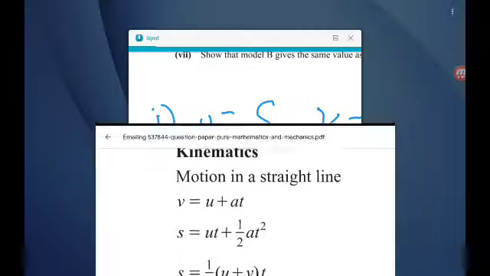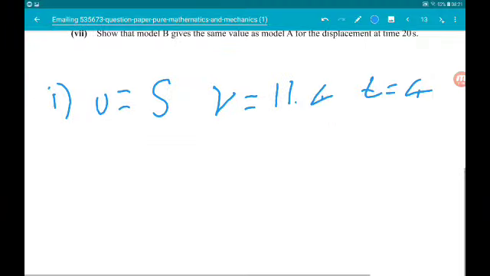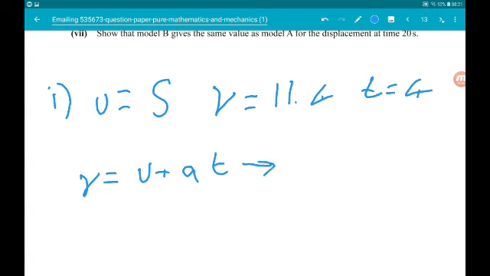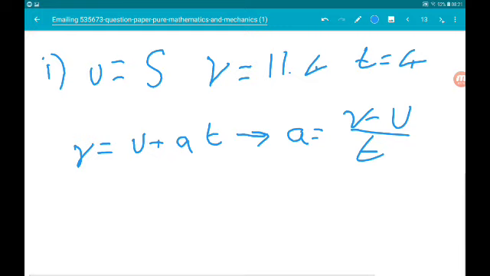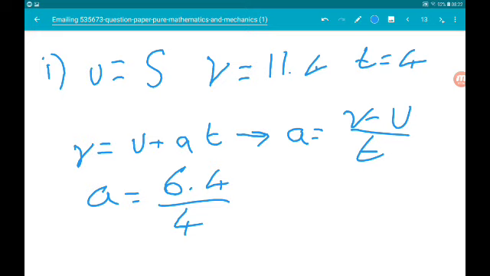So, if v is u add at, we know a is v minus u over t. So, plonking in our numbers, we get a is 6.4 over 4.